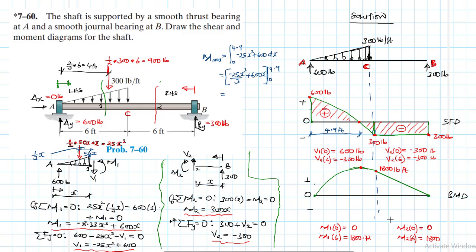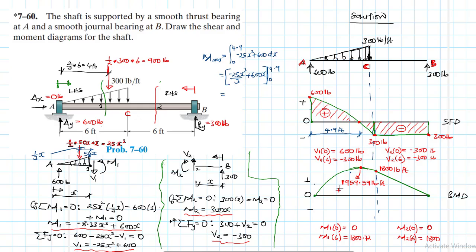So I have 1959.59. Let me write it. This point here is 1959.59 pounds feet. So that's the maximum point.